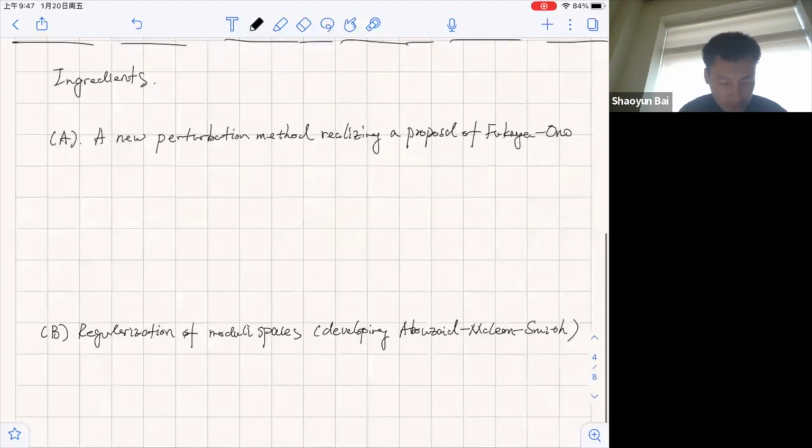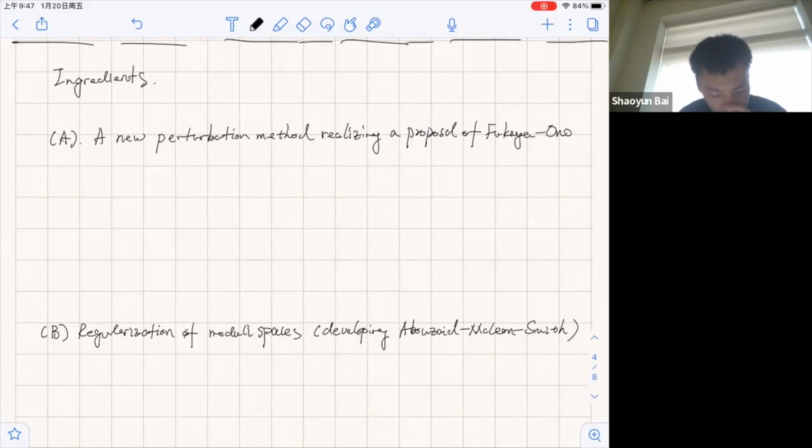Right. So let me give you some kind of outline of the ingredients I need to establish the previous statements. Overall, it's based on two things. Firstly, we would need a new perturbation method to deal with orbifold kind of points in our moduli spaces, so that we could extract integral invariants out of them.